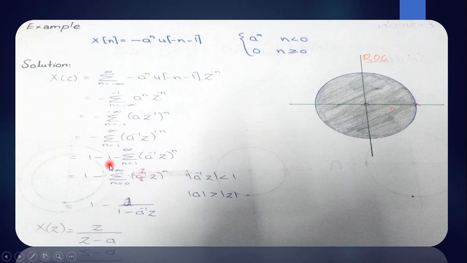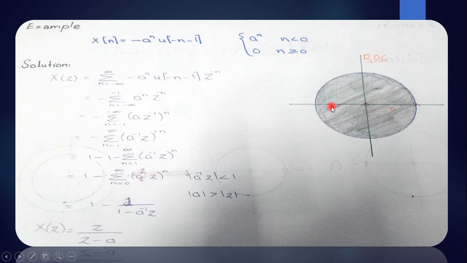So we can write this summation as n is equal to 0 to infinity, a power minus 1 z whole power n, and applying the geometric sum series, we will get this equation, and in this case a mod should be greater than z mod.